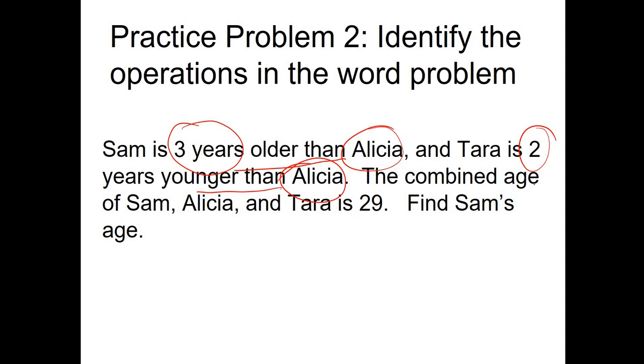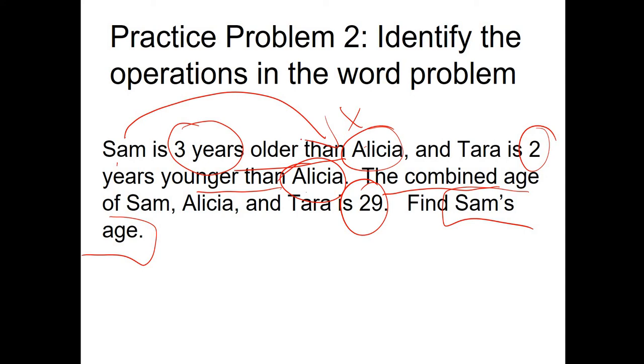The combined ages, and remember combined is a key term, of Sam, Alicia, and Tara is 29. Find Sam's age. So I'm just going to box Sam's age, right? Again, I don't want to see Sam's age. I don't want to see a number. I just want to see a let statement. And again, we circled Alicia, and that's our X. Why? Because Sam depends on Alicia, and so does Tara. So X equals Alicia's age.